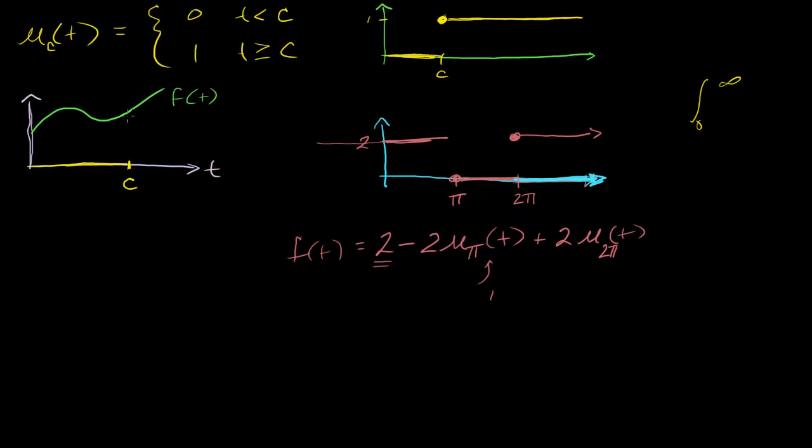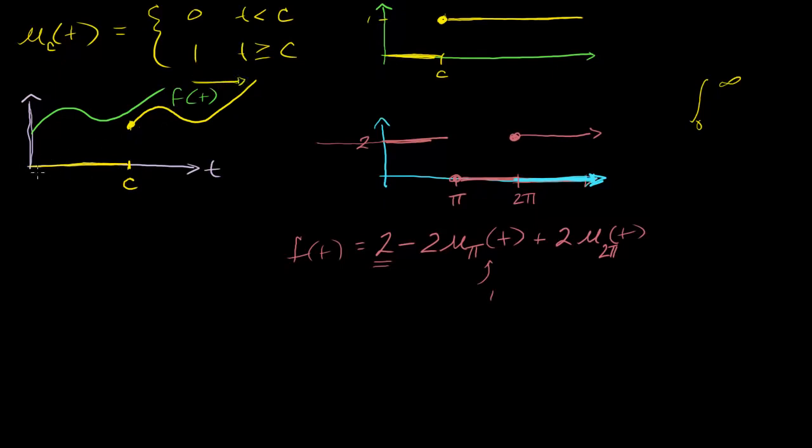And then at c, f of t starts up. So right at c, f of t should start up. It kind of goes like this. So essentially what we have here is 0 all the way, and then at c we have a shifted f of t. So it shifts that way.